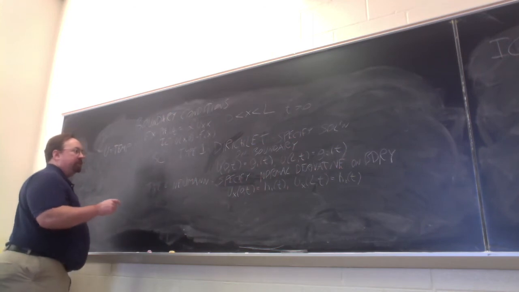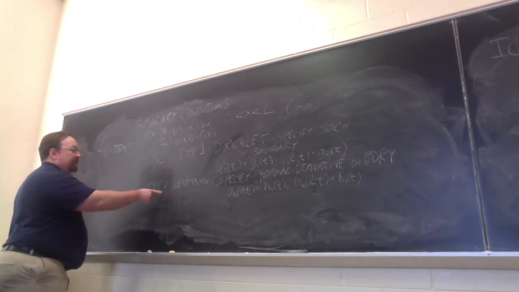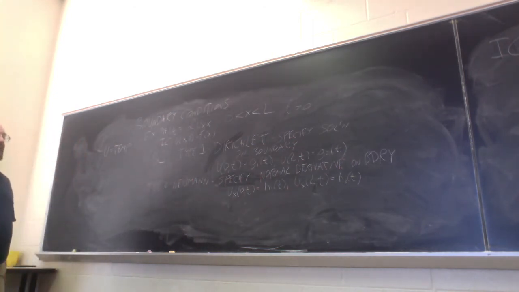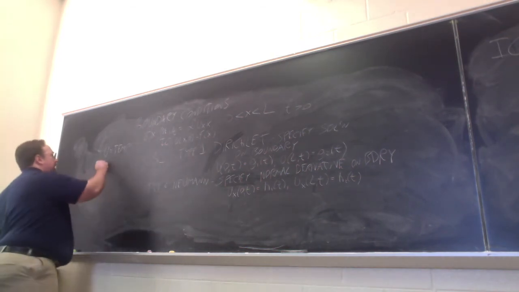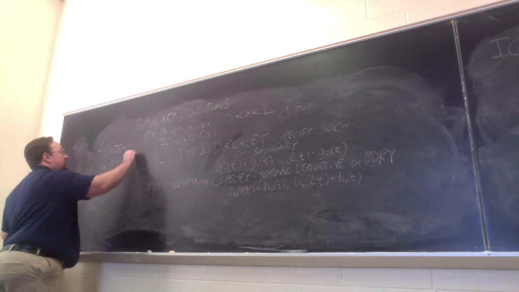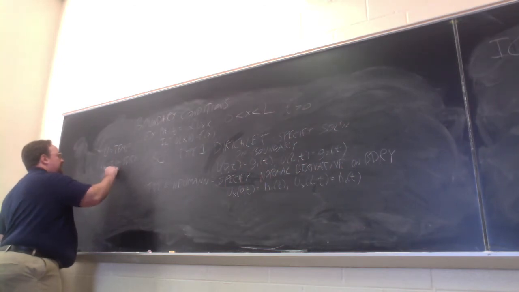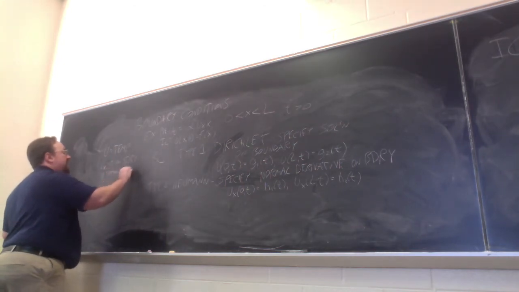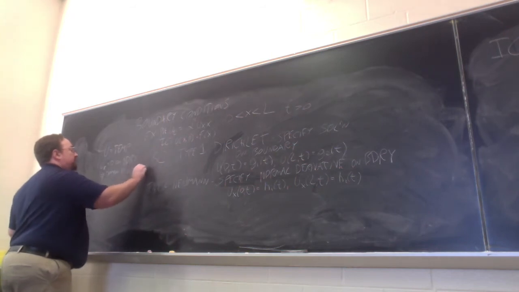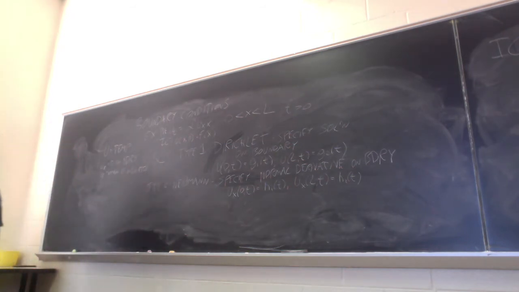Whereas with Neumann, you're specifying the rate of change with respect to x at the boundary. So if you have du dx equal to 0 on the boundary, what you're saying is that your domain is insulated, because you're not allowing the temperature to change at those endpoints.